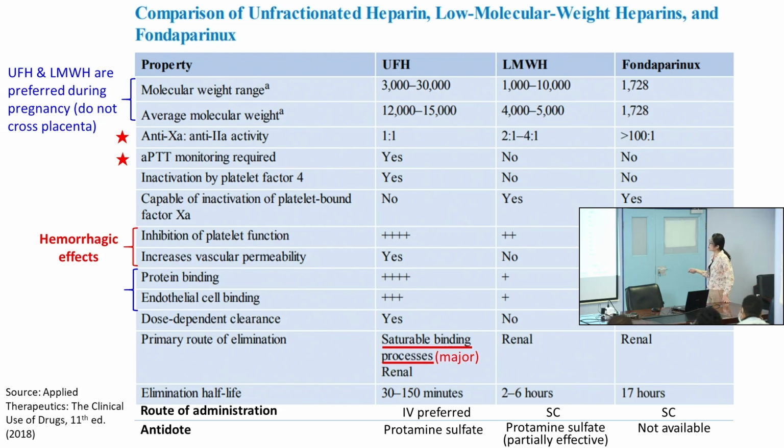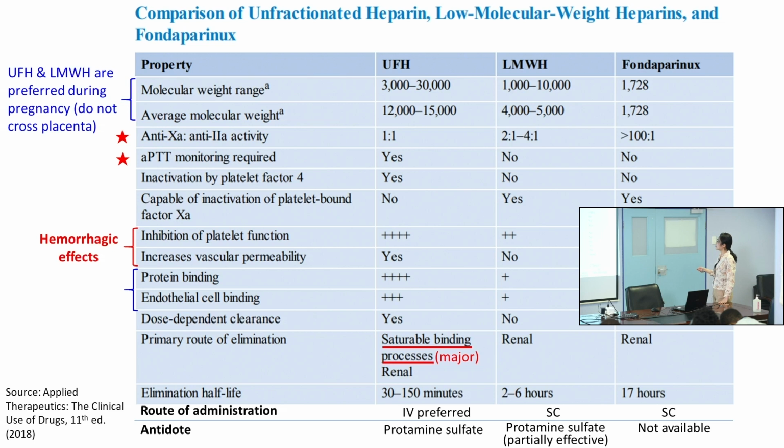Subcutaneous is not preferred, because just like what I have mentioned, unfractionated heparin can bind to so many things. So if you give it subcutaneously, a lot of unfractionated heparin will be destroyed, and the fraction that can really be used will be very few.